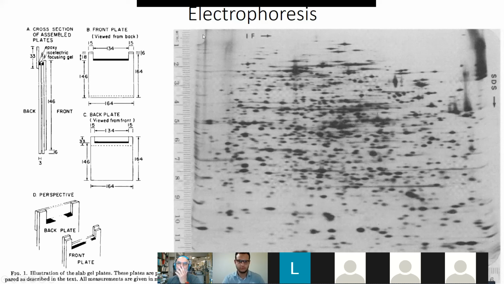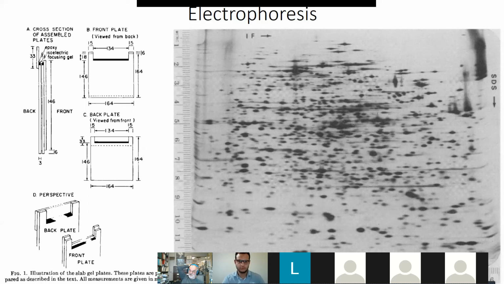So this is an example of an isoelectric focusing gel run in a second dimension with SDS. And this is an extract of something like E. coli. And then this is something that's radioactive. So these are actually transferred to film. So you probably lay a piece of film on the gel and you allow it to irradiate the film for some period of time.